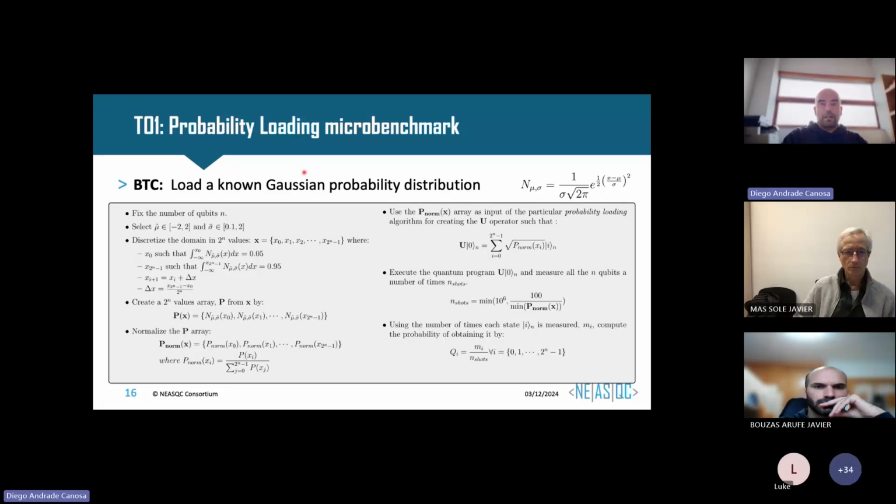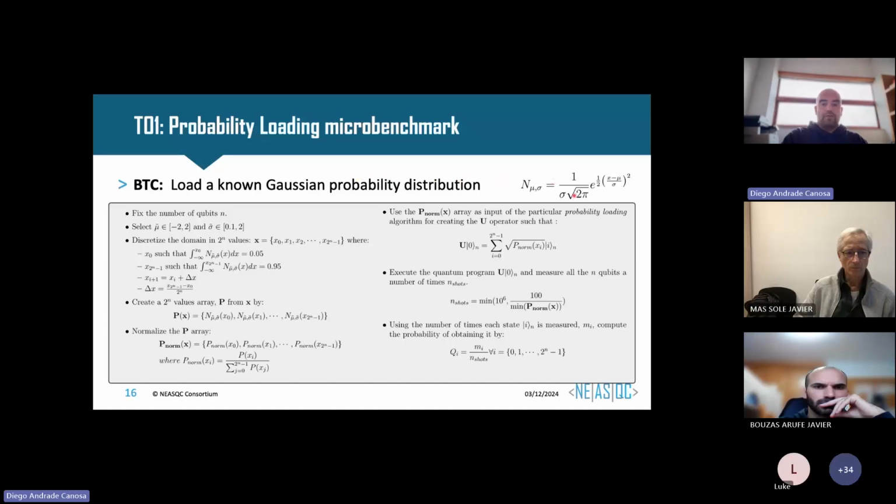The benchmark test case, remember, is a real application where the kernel execution is required and whose output is classically verifiable. So in this case, we are going to use as a benchmark test case the loading of a non-Gaussian probability distribution that we know in advance.